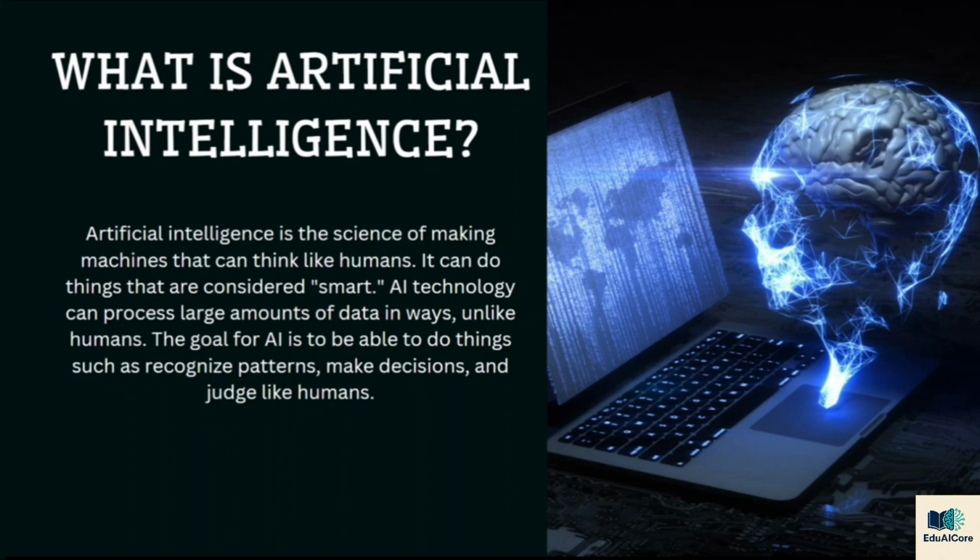AI technology can process large amounts of data in ways unlike humans. This technology can process a large amount of data or input in a way unlike humans. Humans process data in a different way, but AI stores and processes a large amount of data in a very orderly way. It stores all of your data.